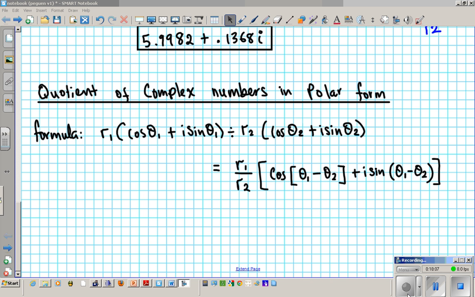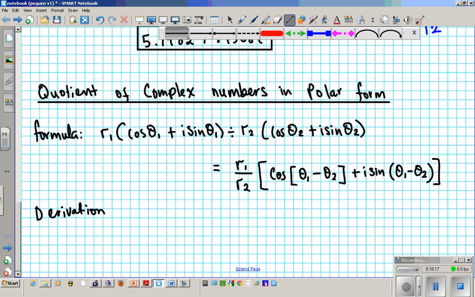Alright, so how did this formula come about? Let's derive this formula, just as we did with the other one. We're going to start with the left side and see if we can end up with the right side, okay?